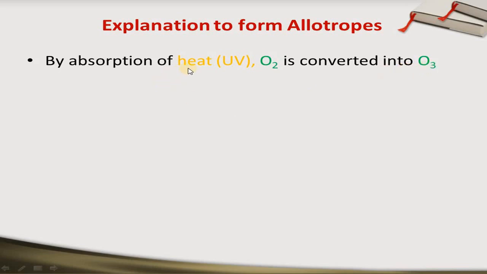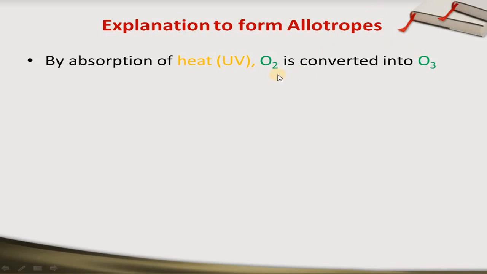The molecular oxygen absorbs heat from the atmosphere and is converted into ozone. In what form of heat? It absorbs the ultraviolet radiations from the sun and is converted into ozone. The reaction is basically a photochemical reaction. Photochemical means photo, that is, light.